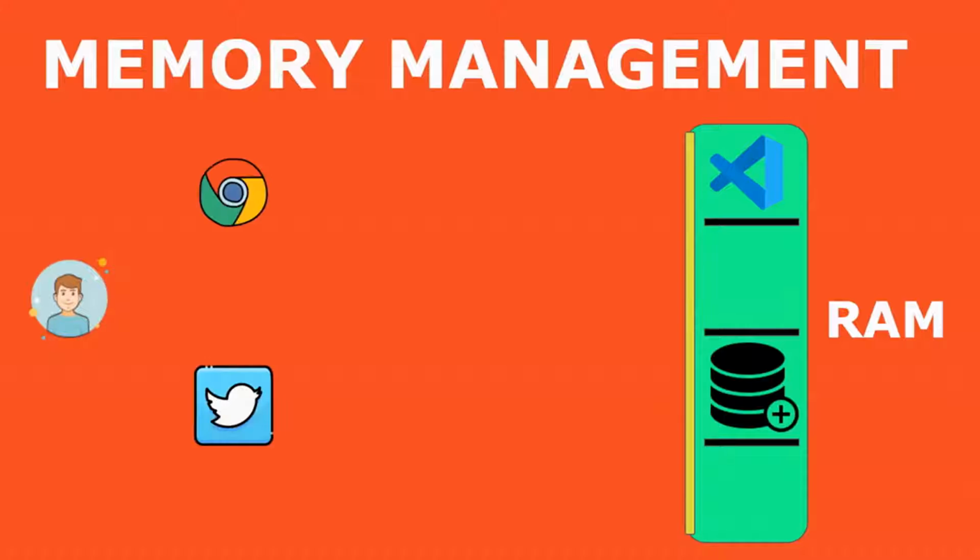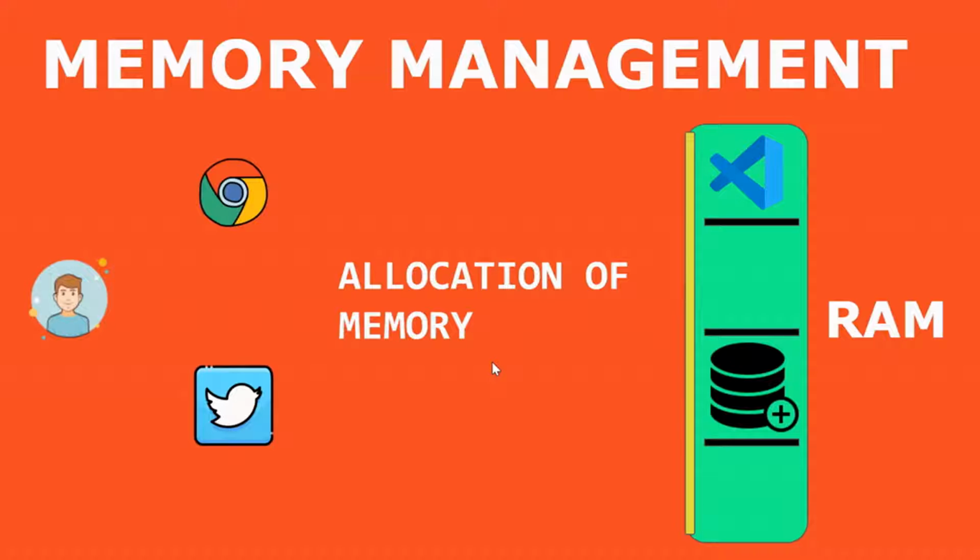Now you need to run two more processes in this RAM. So to run these processes, you need to allocate them the memory. Right? So how is the memory allocated to them? It is the operating system which handles the allocation of memory to the different applications or processes.